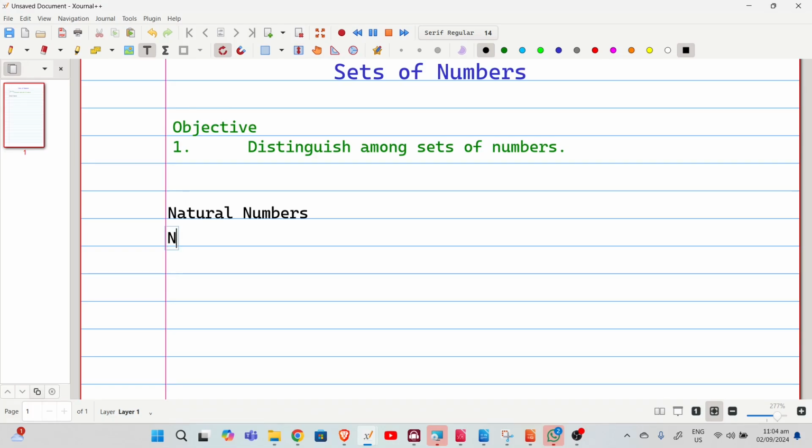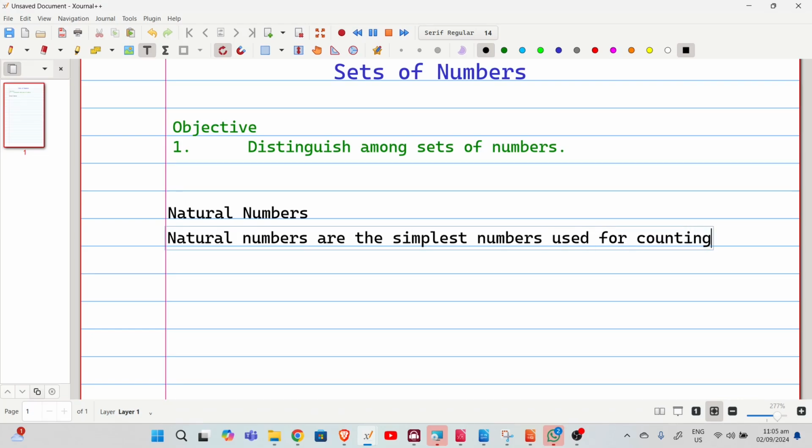Natural numbers are the simplest numbers used for counting. This is usually denoted by a double struck N, and the numbers are as follows: 1, 2, 3, and so on and so on.